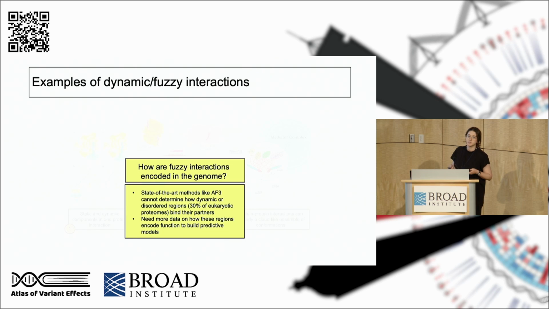And disordered regions actually make up a huge portion of eukaryotic proteomes. So if we don't study these regions, then we're actually missing a big chunk of what's going on in our favorite proteins. And also, looking to the future, we just need more data on how these regions encode function in order to build the predictive models that we now have for, for example, structured regions.